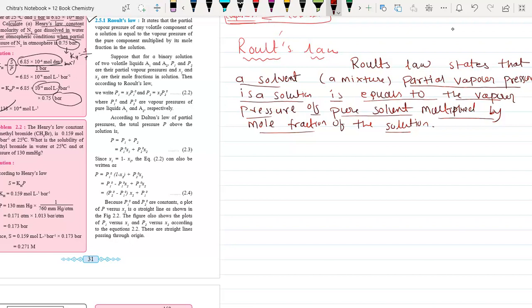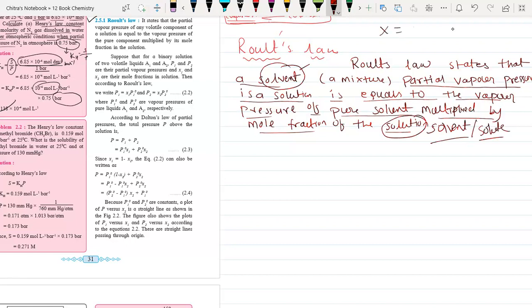So if we are discussing the solvent, then here we have to take mole fraction of solvent. But if we are discussing the solute, then we have to use solute, because the mole fraction of a solution is always 1. We already went through it yesterday.